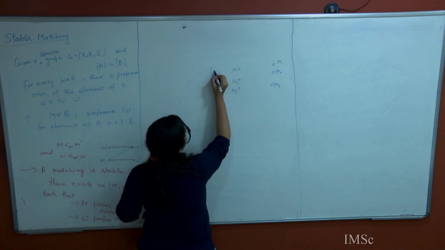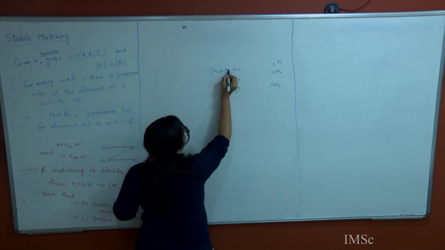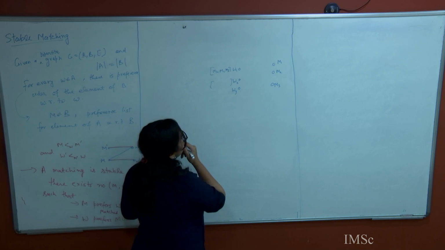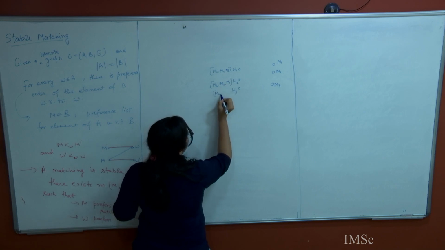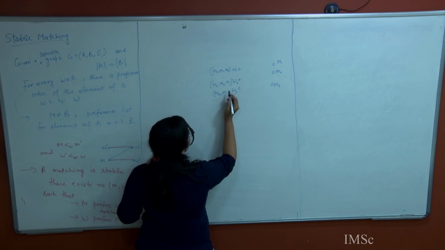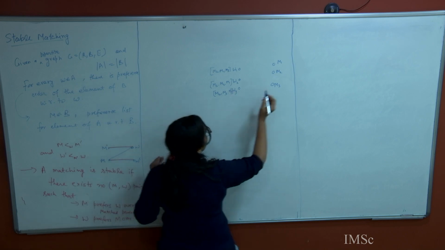So we can just assign any ranking. Say M2, M1, M3. For this, let's say M3, M2, M1, and for this maybe M2, M1, M3. Oh, this is the same as above. M3, M1. Okay.